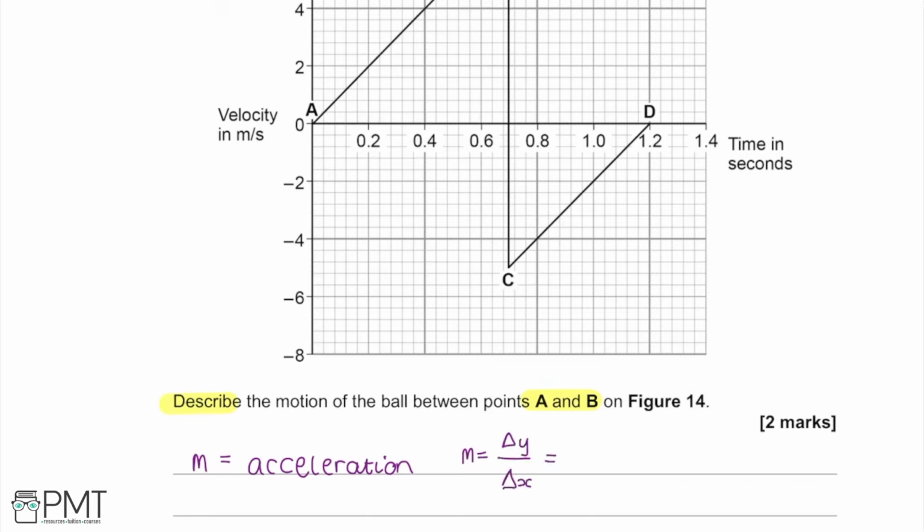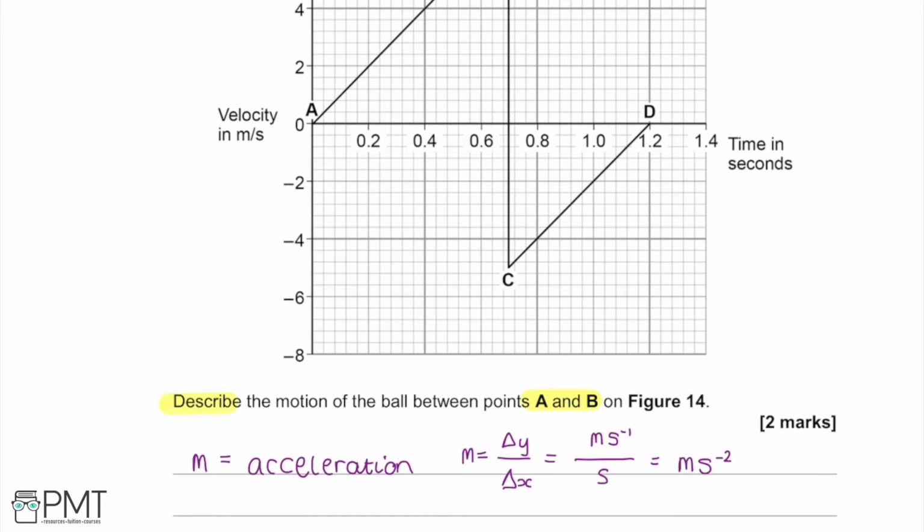The y-axis is velocity, which is measured in meters per second. And we're dividing it by the x-axis, which is time in seconds. So the units there are the second.